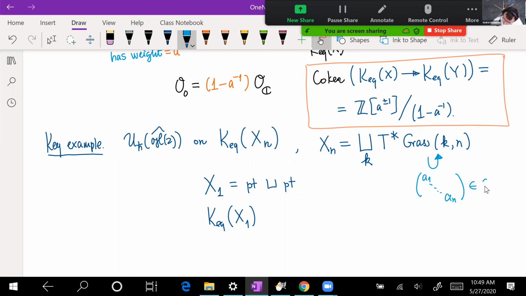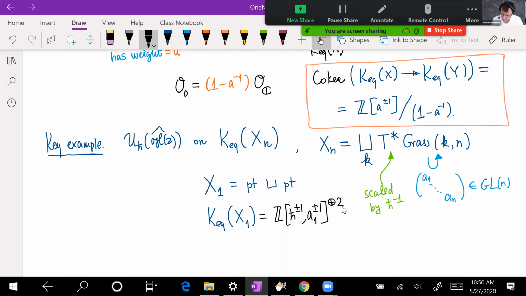This is an element in GL_N that acts naturally on here. And then we have one more variable, h-bar, that scales the cotangent fibers, by the inverse, so that's consistent with other places. But anyway, the action here is trivial, so I get just two copies of the ground ring, which is h plus-minus 1, A_1 plus-minus 1. You get two copies of that.